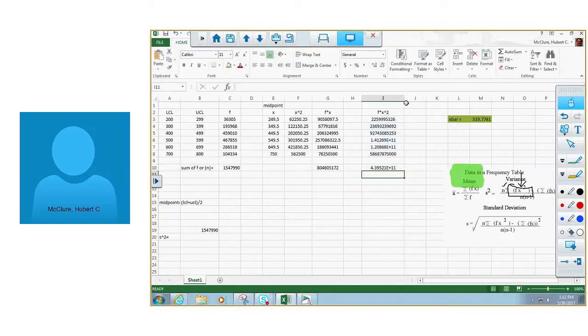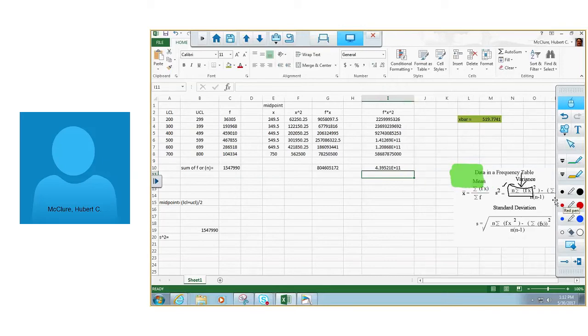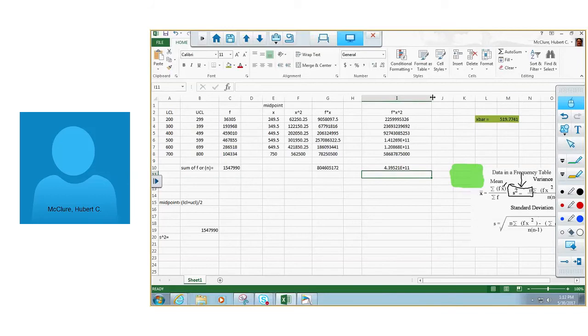Now, it should be a big number. Why should it be a big number? Because your second number, this over here, is going to be even bigger. So it's going to have to be a big number. All right, that's big enough. Hold on a second.